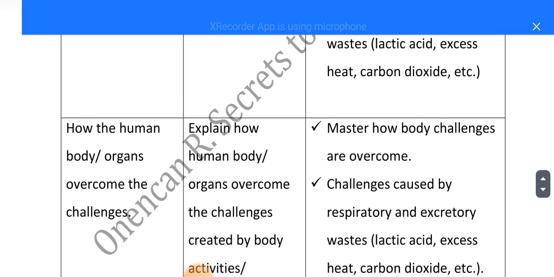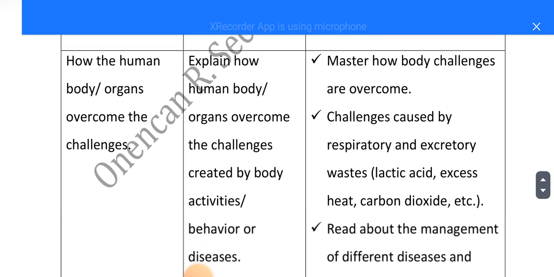Then from there, we have to look at how the human body organs overcome these challenges. Here you must explain how the human body organ overcomes the challenges created by the body activities. For example, if there is increased accumulation of carbon dioxide in the body, you have to explain how the body overcomes such challenges.